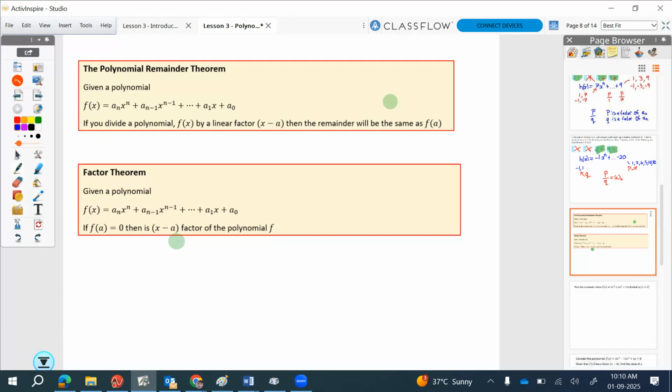If we have a polynomial like this one, f of x, and f of a is equal to 0, then it means that x minus a must be a factor. That means we can rewrite this as x minus a, bracket, q of x, and there'll be no remainder. It means we can factor it out. What will be the degree of q?